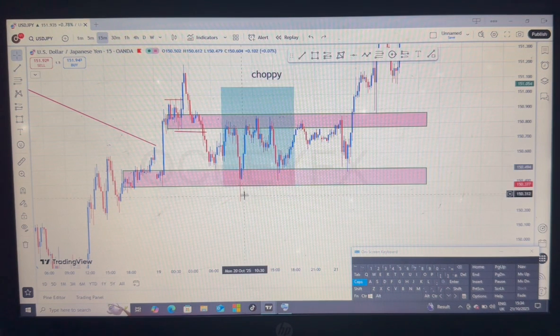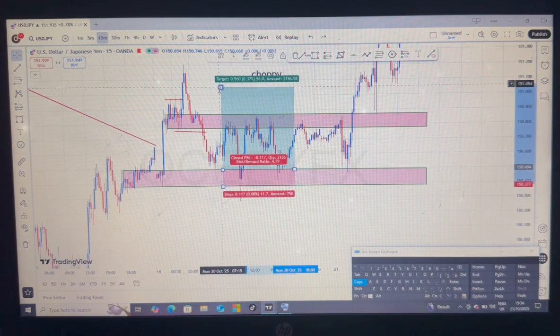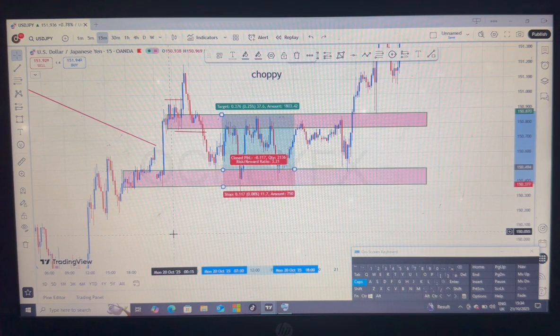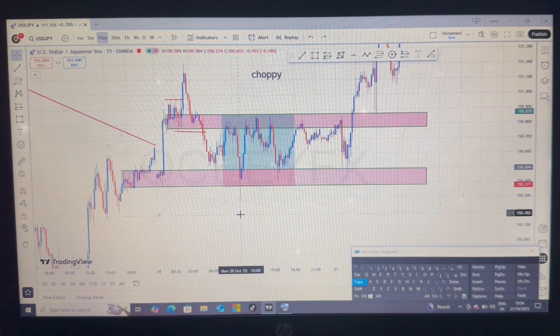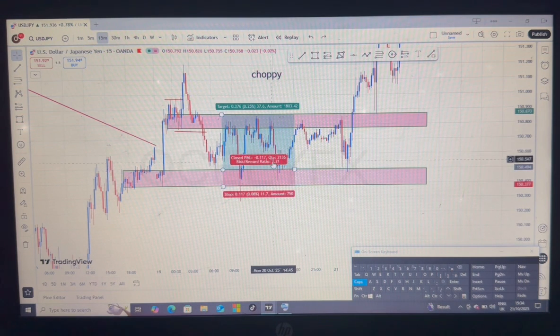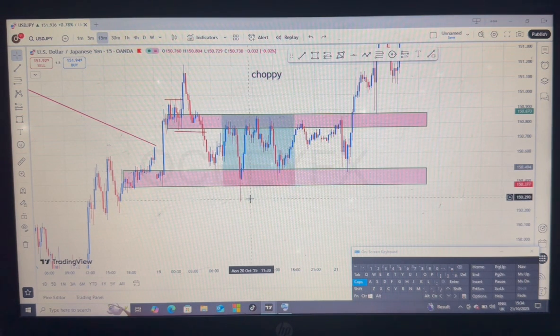Putting it here, you can see the market manipulated your SL and still went your direction. So that's why I say you should avoid this kind of market if you are not that skilled, because sometimes even if you are skilled, it also manipulates skilled traders out of the market.